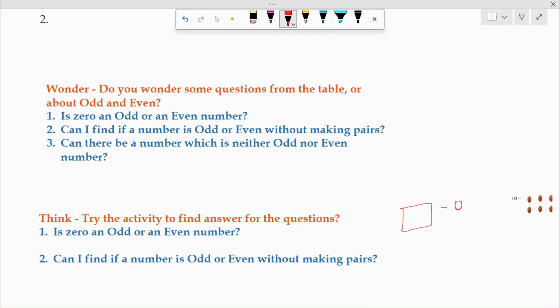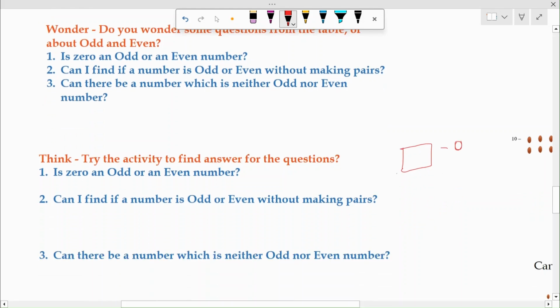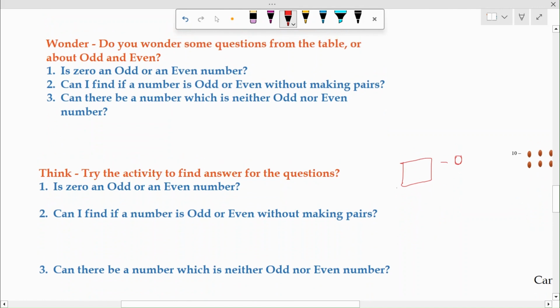So 0 is also a multiple of 2. 2 into 0 will be 0. So therefore 0 is an even number because it has an even number of pairs, like 0 pairs in it.